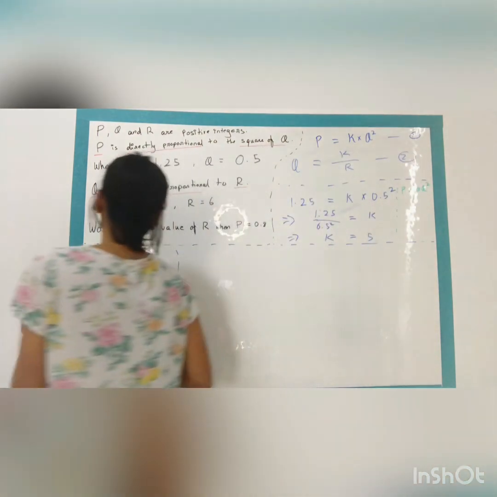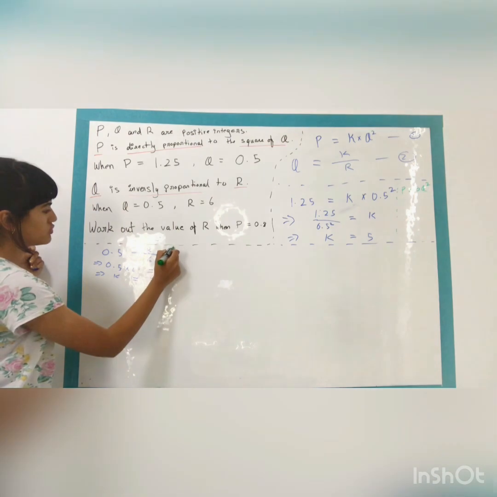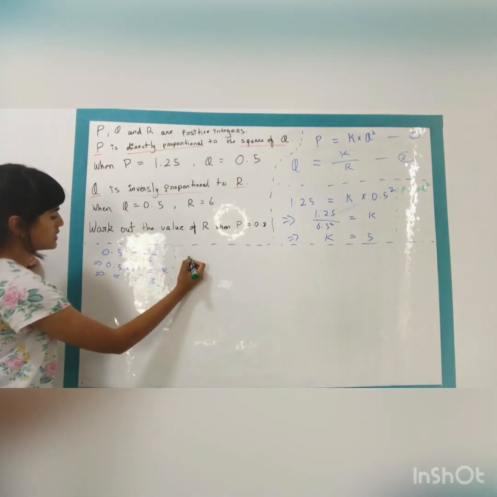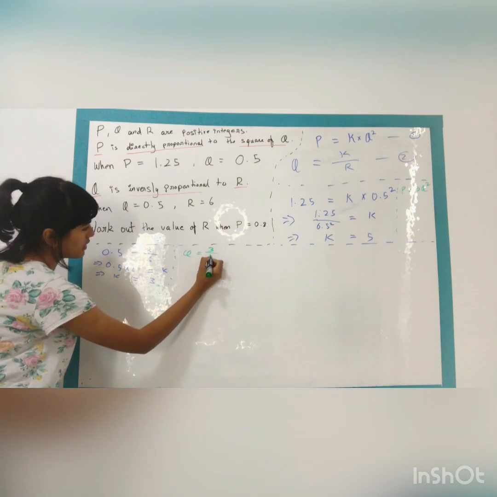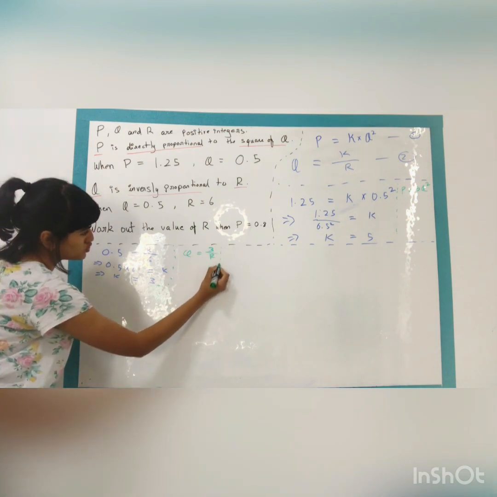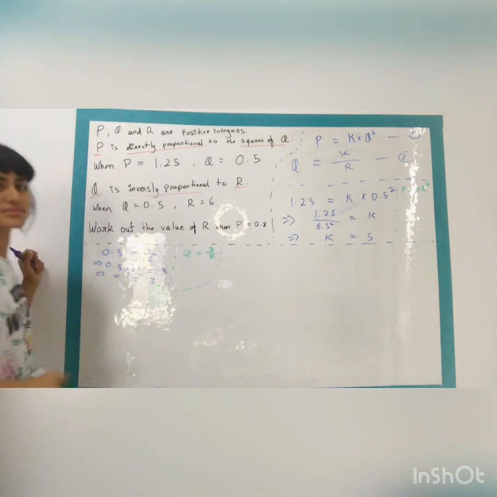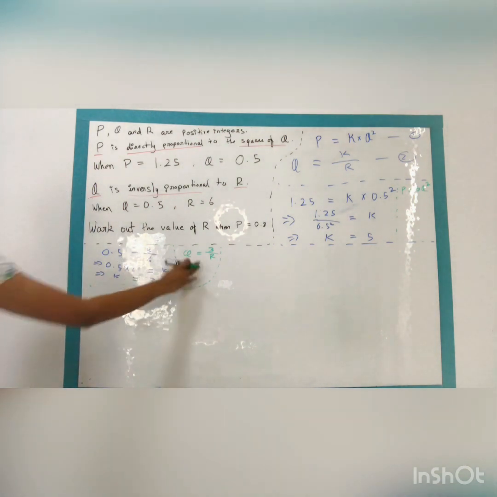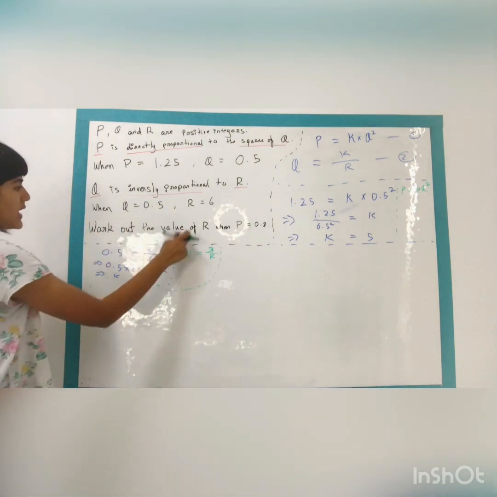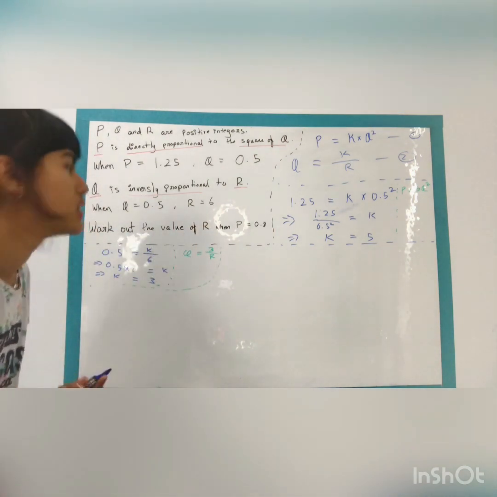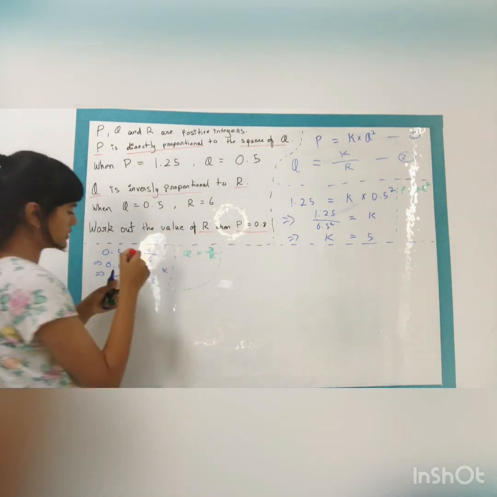Now for this one, we have Q is equal to 3 over R. Great, so we have this and we have that. What are we going to do next? It's asking us to work out the value of R when P is equal to 0.8.